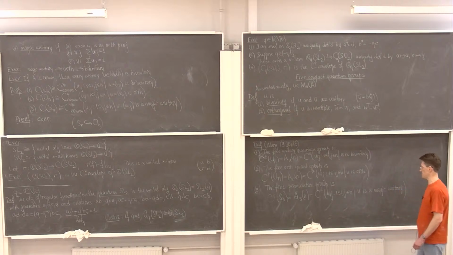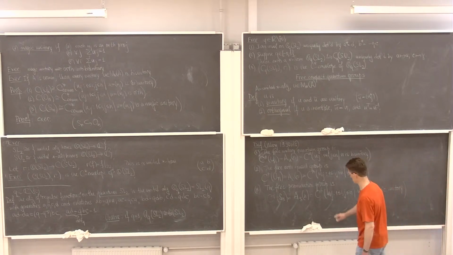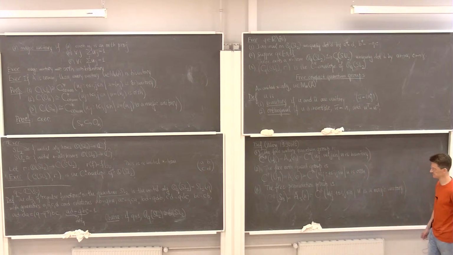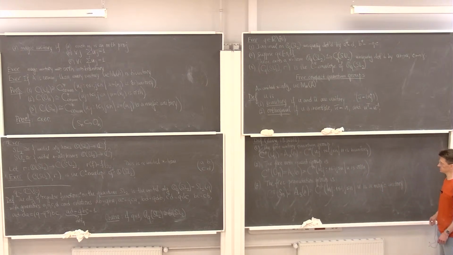So basically we have the same relations as in the classical case, but we no longer require the commutativity. So we get some unital C-star algebras.